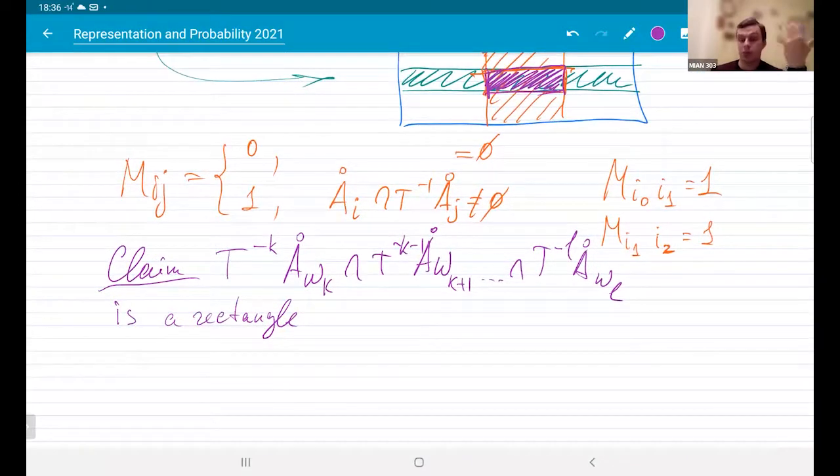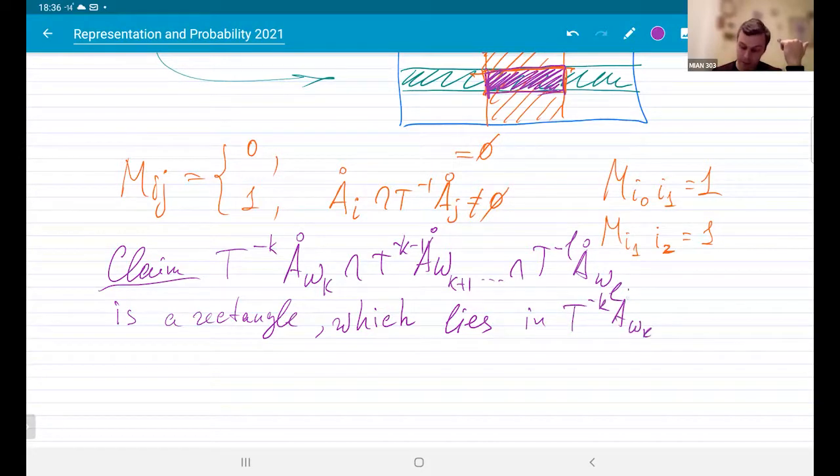And what can also be said about it is that it is a stripe that lies in its first term and its last term, t minus ka omega k, and t minus la omega l, as follows.